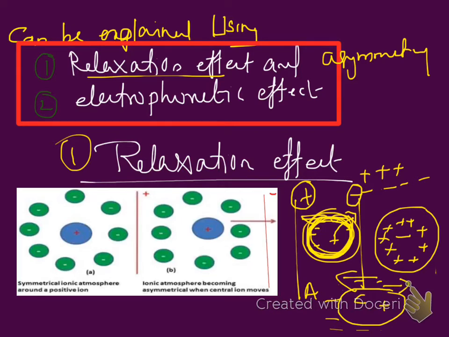When the symmetry of the ionic atmosphere is disturbed, these negative charges definitely attract this positive charge in the backward direction. So the positive charge cannot move as it wishes to. Even if it wishes to move with high speed, because of this backward drag from the negatively charged ionic atmosphere, it will experience a backward pull and its speed will be retarded.